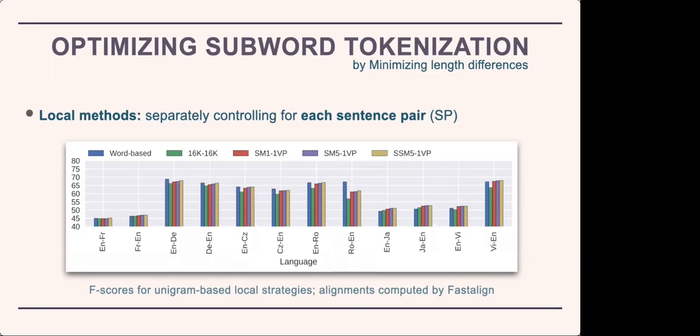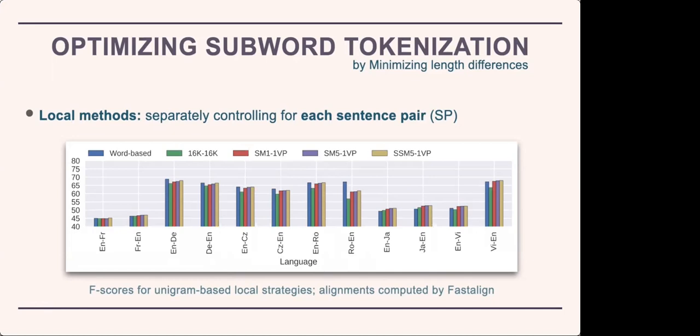The blue bar and the yellow bar, what numbers do they correspond to? I think for English-Japanese it's about 3 or 4 points of F score. Okay, thank you very much.